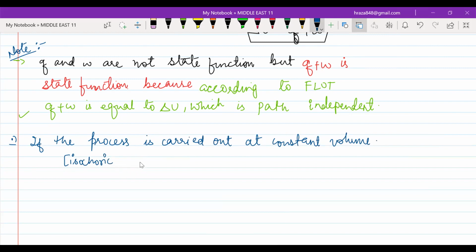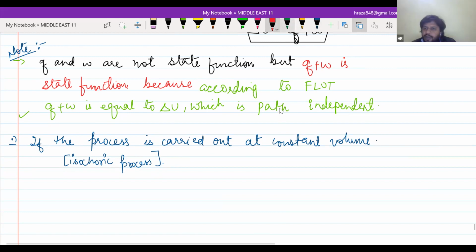Yes, sir. Constant pressure is isobaric process, constant temperature is isothermal process. We know that volume is constant. If volume is constant, that means change in volume, dV, equals 0, right?